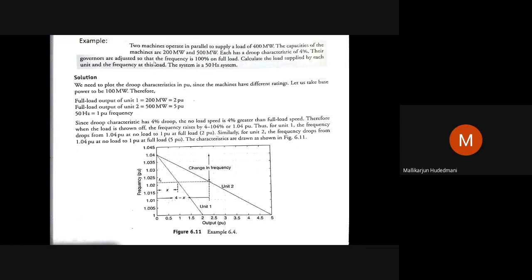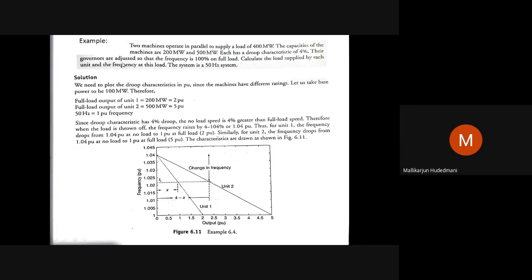So now, two machines operate in parallel to supply a load of 400 megawatt. The capacities of the machines are respectively 200 and 500. Each has a droop characteristic of 4%. No matter, both are having 4%. It is easier for us.